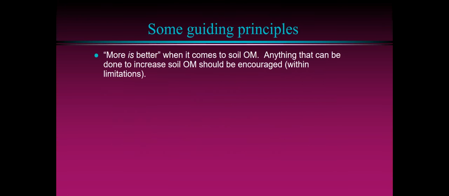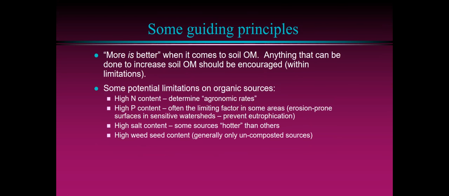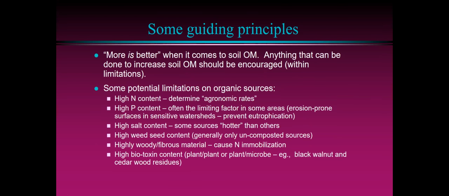Some additional guiding principles. With organic matter, more is better, at least within the limitations of handling and some of the additional limitations that can come in with an organic matter source, such as the following. We have some of those nutrients that could be really, really high content-wise. Phosphorus, for instance, in raw dairy manures can be so high that phosphorus application is the limiting factor.